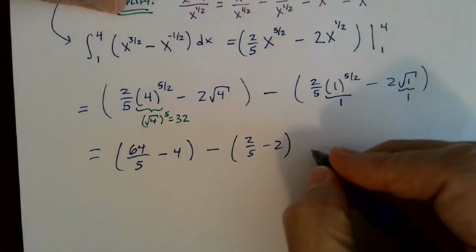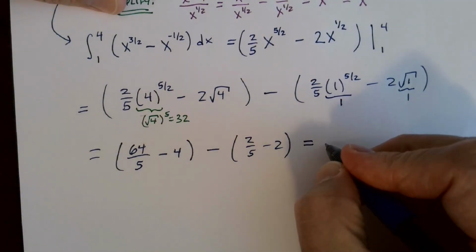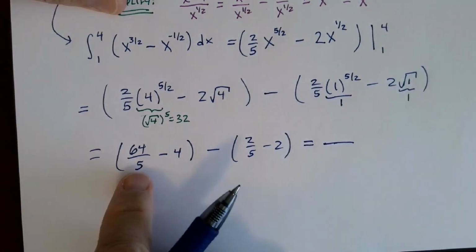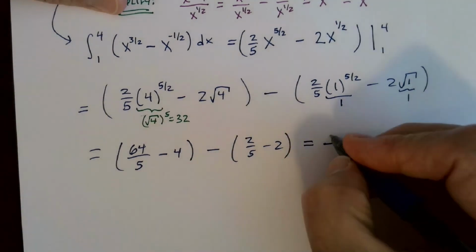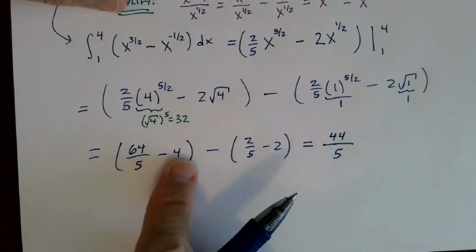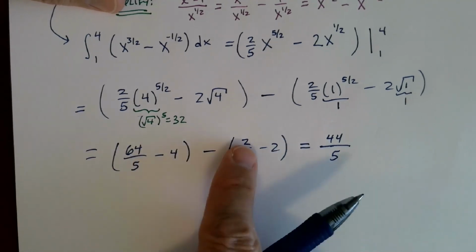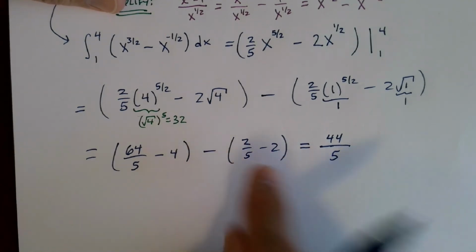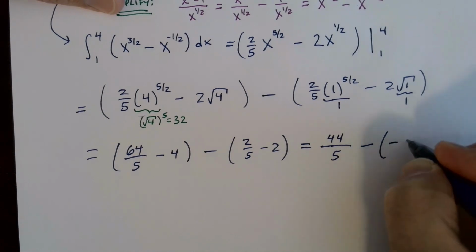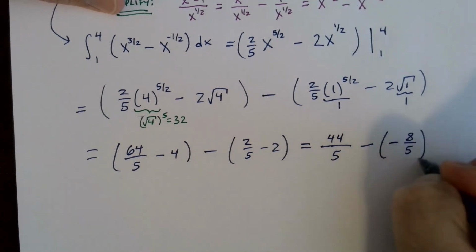I'm going to go ahead and let you complete that out. Well, actually, let's see. 64 fifths minus 4 should give you 44 fifths. So it's 64 minus 20 fifths, right? 64 fifths minus 20 fifths. 4 is 20 fifths. And then 2 fifths minus what? 10 fifths. 2 minus 10 is negative 8 fifths.